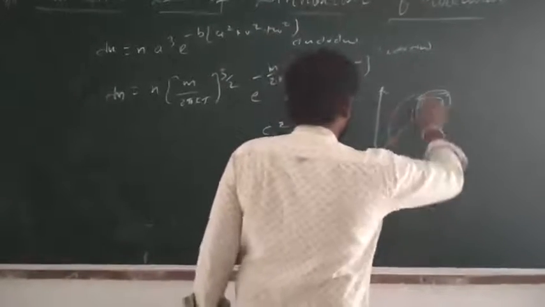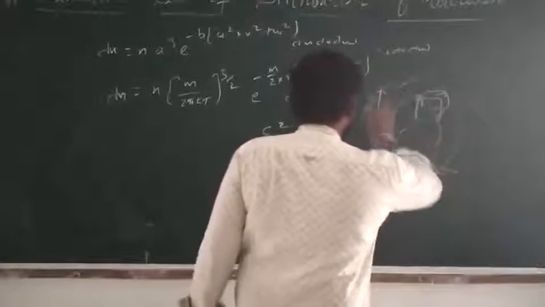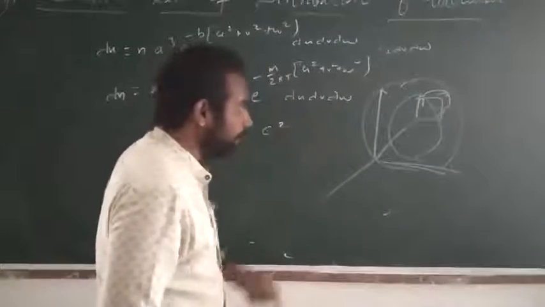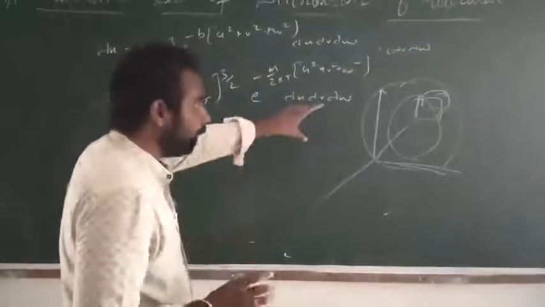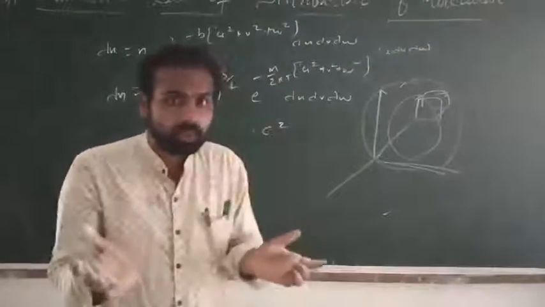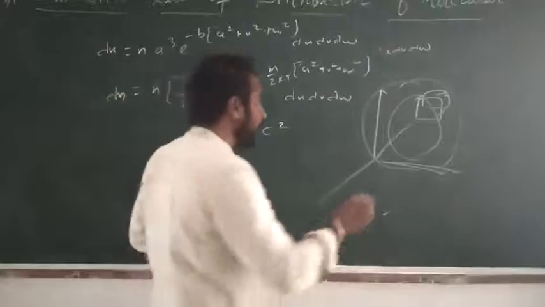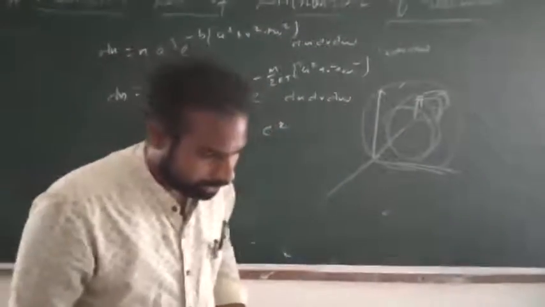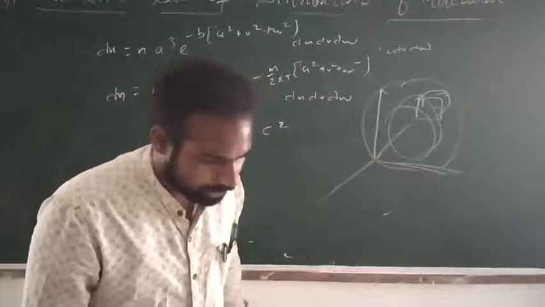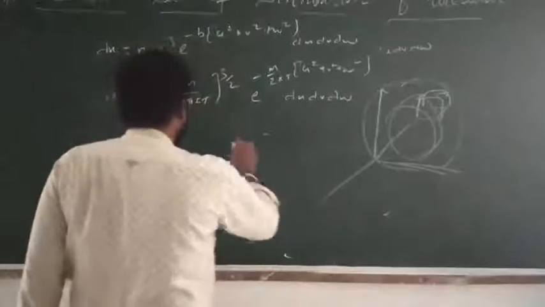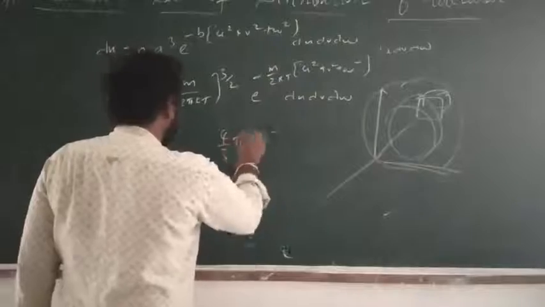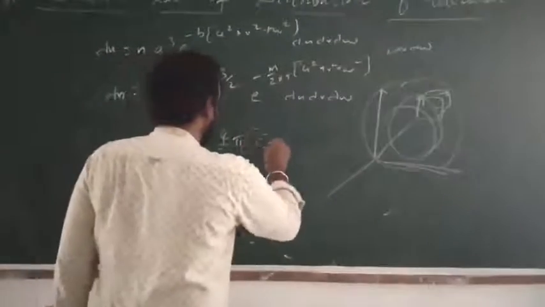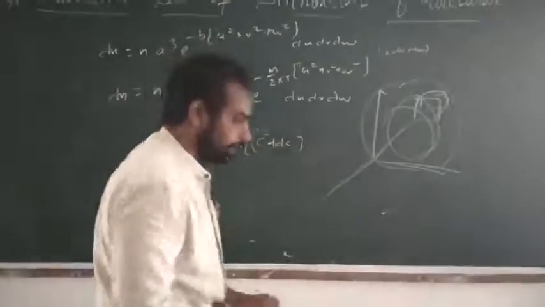We have to take it as two spheres to find that value. The volume du dv dw will be lying in between two concentric spheres. The volume of a sphere is given by 4 by 3 pi into c plus dc, whatever the c.